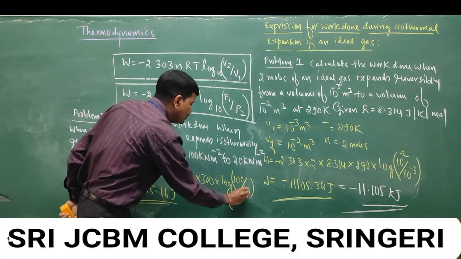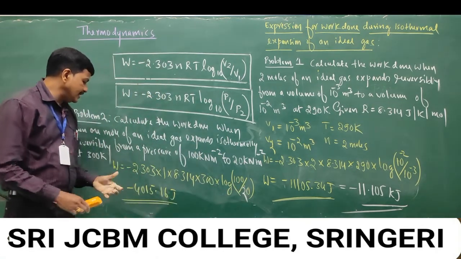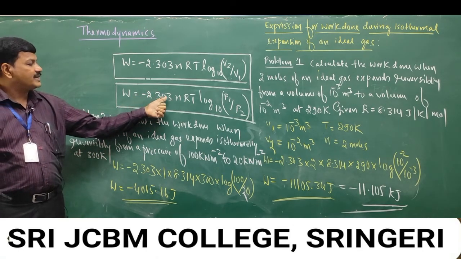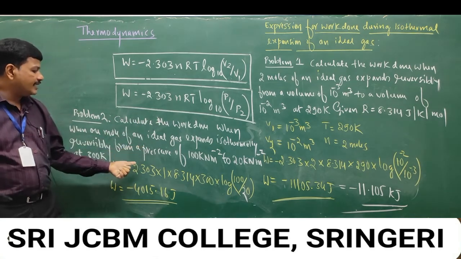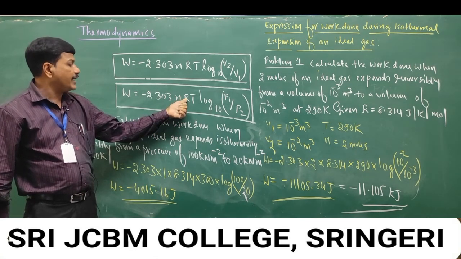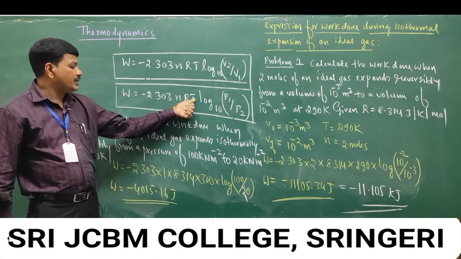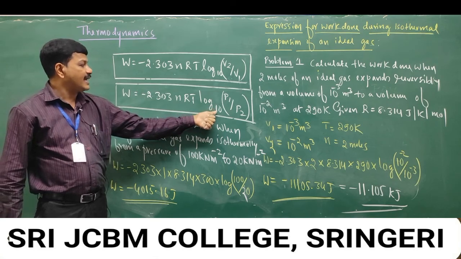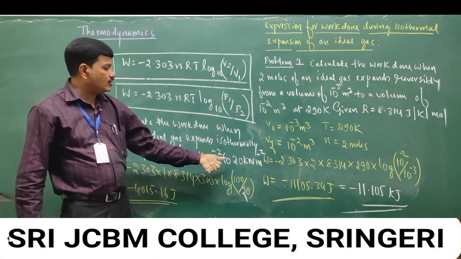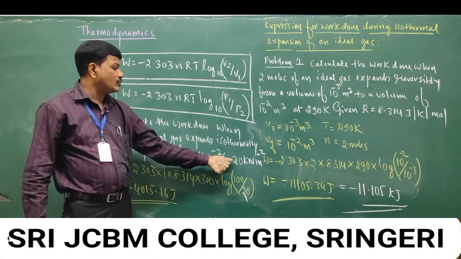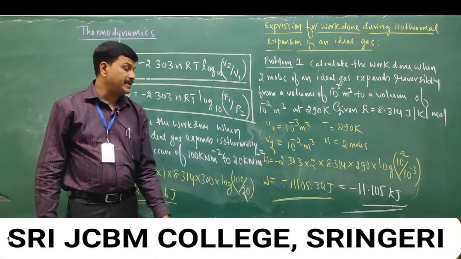When you substitute these values in this expression, W is equal to minus 2.303, n is equal to 1, gas constant R is equal to 8.314, temperature is equal to 300 Kelvin, log to the base 10 of P1 is 100 kilo Newton meter minus 2 by P2 is 20 kilo Newton meter minus 2.